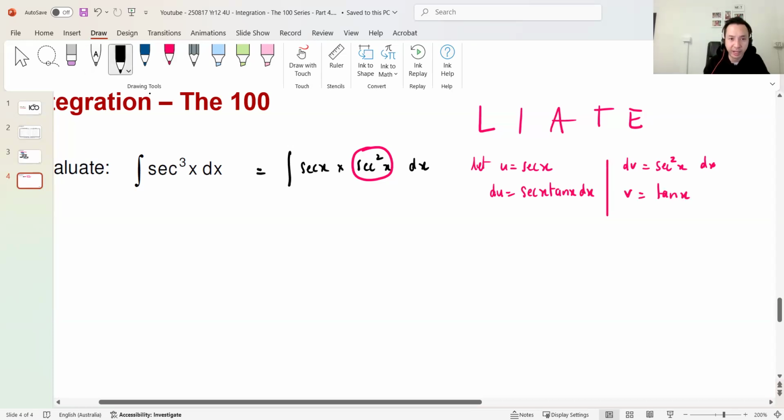So let's apply by parts. In fact, if you were smart about it, you can let the original be I, because you'll see in a sec, excuse the pun, that you'll see a little bit of recurrence going on, right?